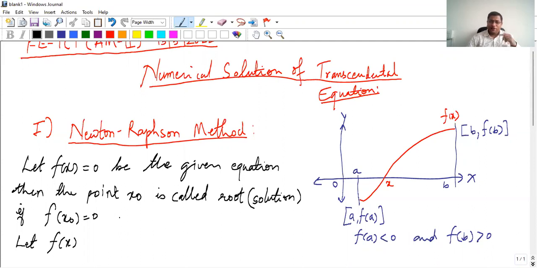So if I say differentiable, that is sufficient to say that it is continuous. Is that okay? Yes, sir. If I say the function is differentiable, that means it is going to be continuous.